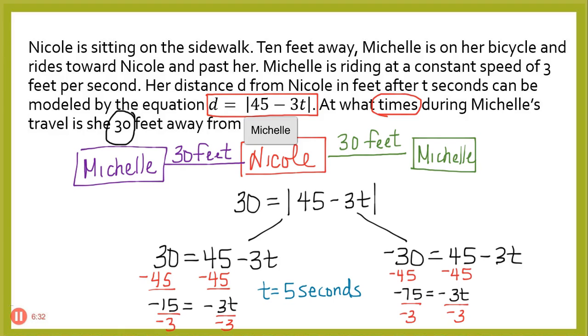So the second is at t equals 25 seconds. So Michelle will be 30 feet away from Nicole after 5 seconds, and also at t equals 25 seconds.